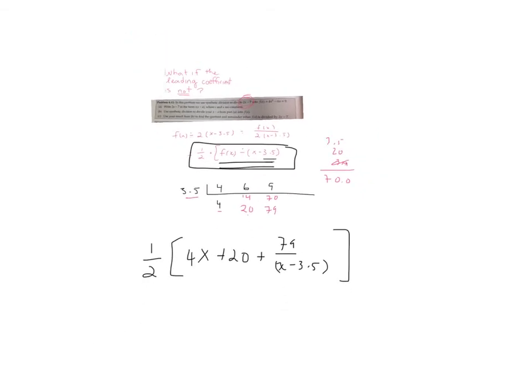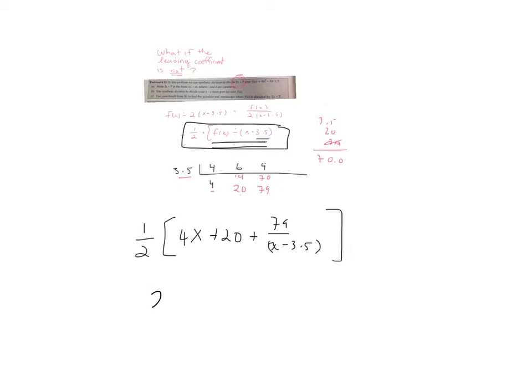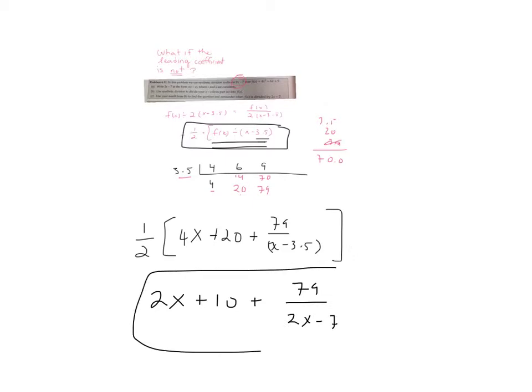That can simplify even more. That could simplify to 2x plus 10 plus 79 over 2x minus 7. So just to show that synthetic division can work when the leading coefficient's not 1.